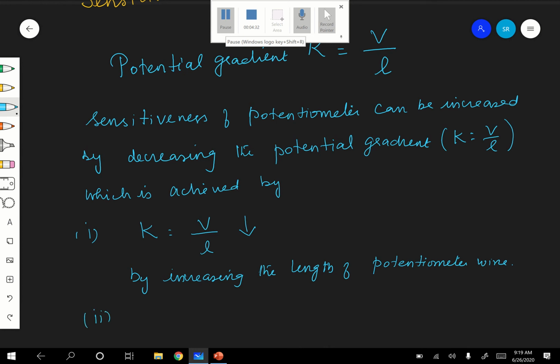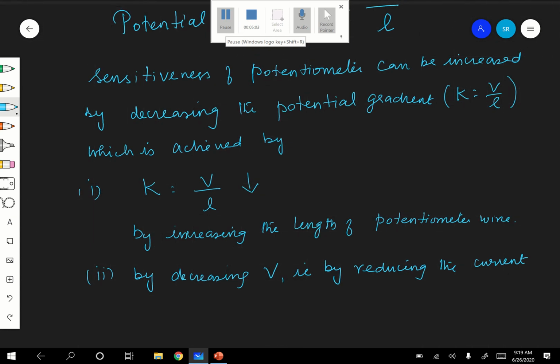Then the next one: another way is by decreasing V, the potential drop across the wire. How? Potential drop can be decreased when you decrease the current, that is, by reducing the current in the potentiometer wire.